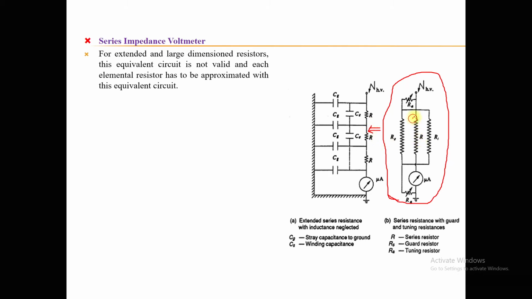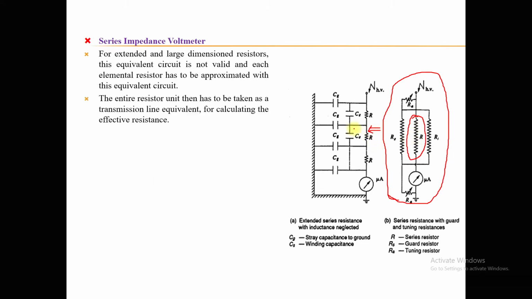This capital R shows the total resistance, but if you draw its equivalent circuit, then it will look like this. So the entire resistor unit has to be taken as a transmission line equivalent for calculating the effective resistance. Once we solve this equivalent circuit, you will get the actual value of this R.